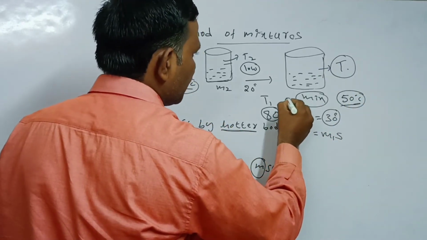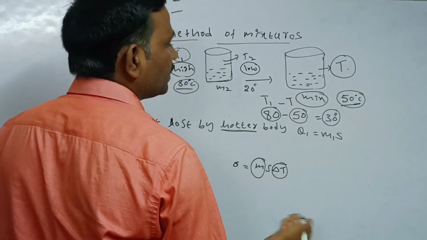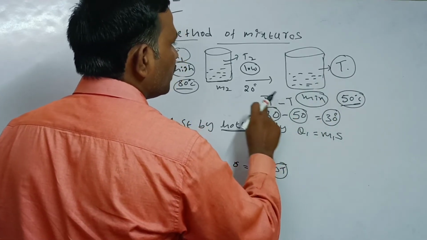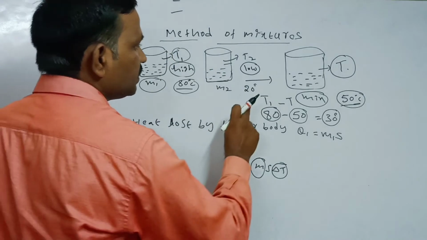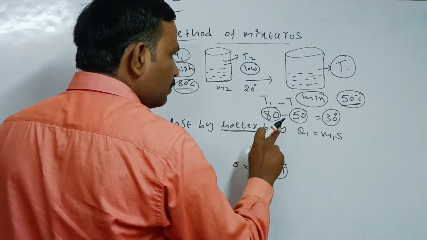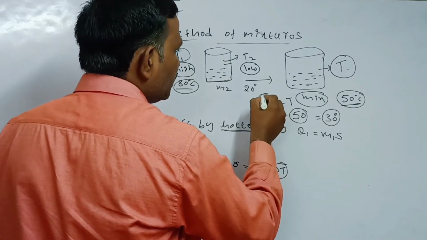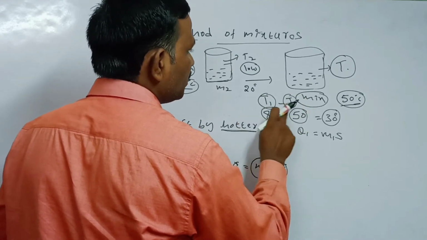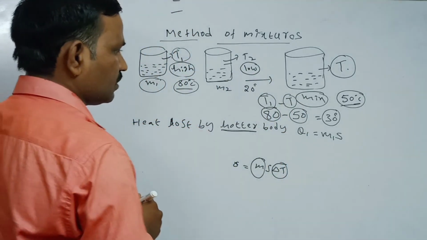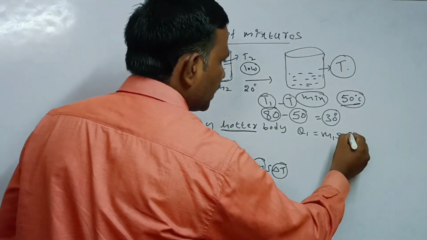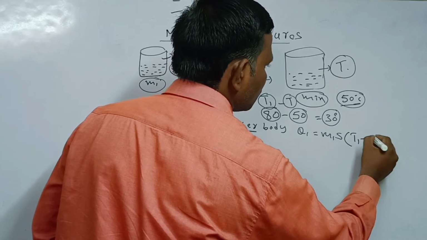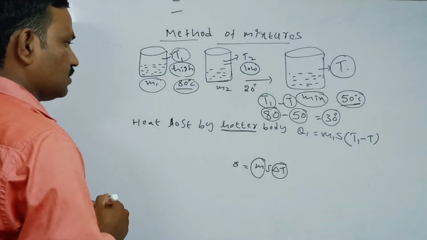So we get the change in temperature by subtracting the temperature of the mixture from the temperature of the hotter body. That means the change in temperature will be T1 minus T, where T1 is the hotter body temperature and T is the mixture temperature. So delta T is T1 minus T.